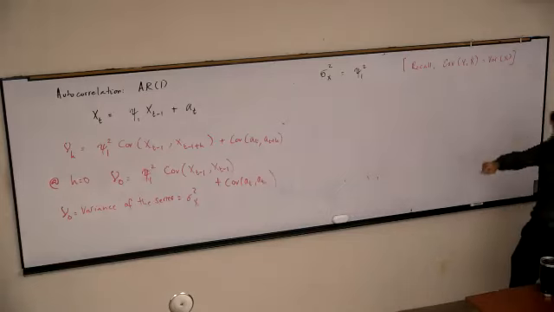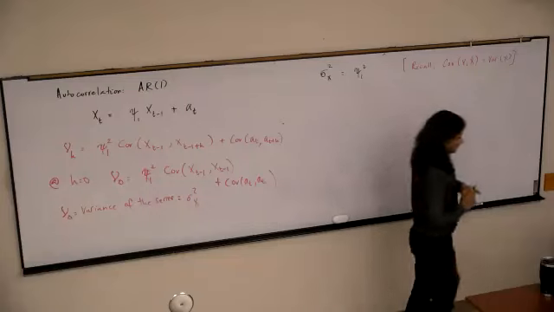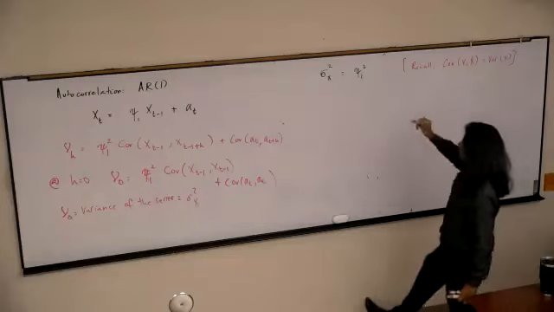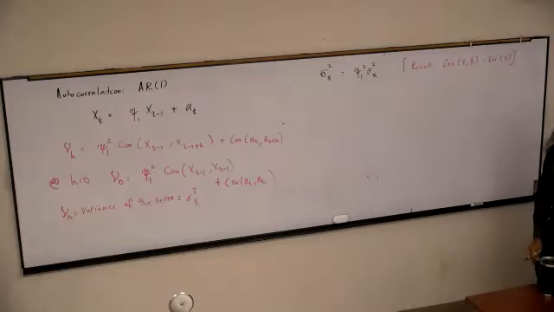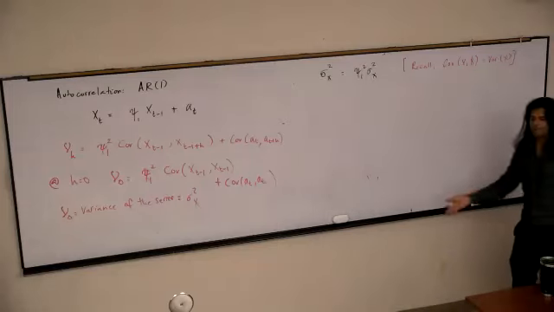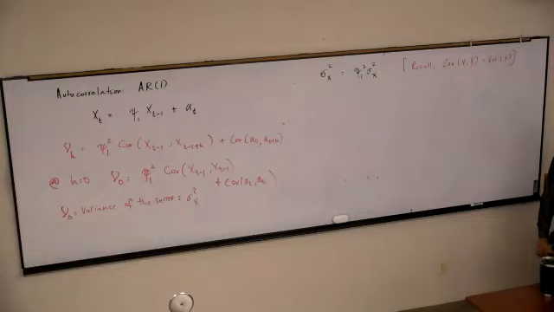So I can write this part as sigma squared x. Good. It's the variance of the series. That is a constant, it doesn't depend on time. Agreed? What condition is that?